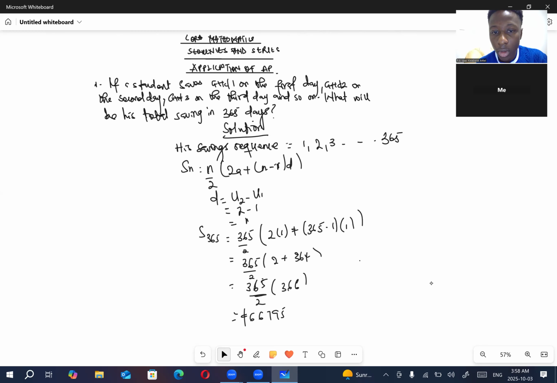Un is equal to a plus n minus 1 d. That one is for finding the end term, right? This question is asking for the total. Total means we want the sum of all the terms from 1 to 365.